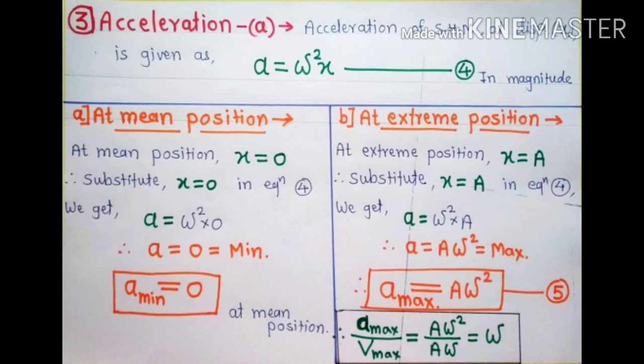That is a is equal to 0, which is the minimum, and thus a minimum, acceleration minimum, is equal to 0 at mean position. Acceleration is directly proportional to displacement. Therefore, at mean position, as displacement is 0, acceleration is also equal to 0.